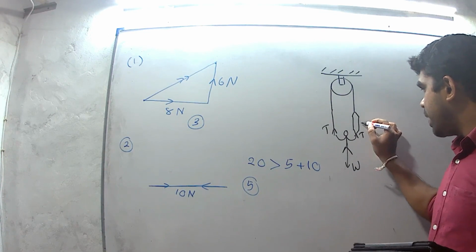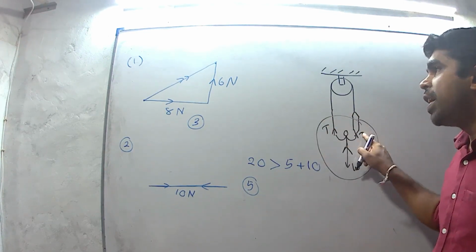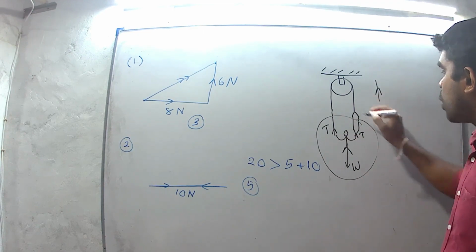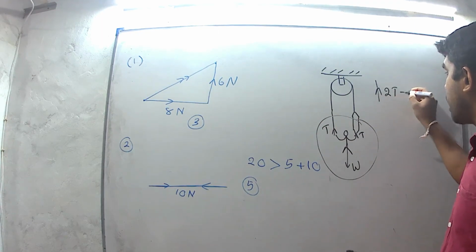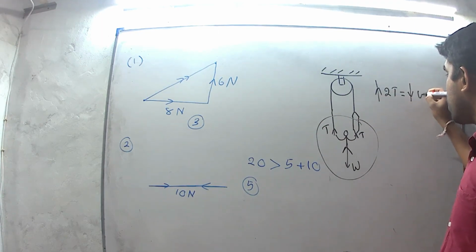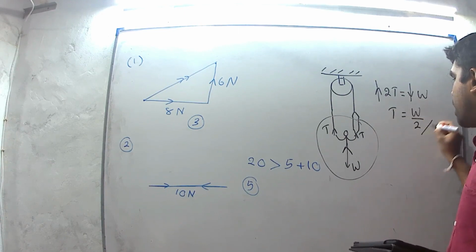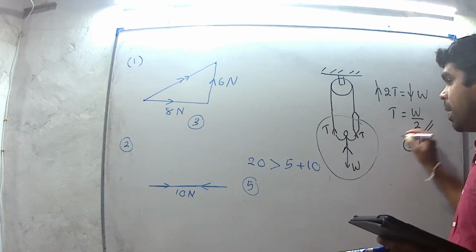Therefore, we can consider equilibrium of the child. This tension is the reading of the spring balance. Then we can get there are two upward forces on the child, 2T equals the downward force, weight. Then we can get T equals W divided by 2. Then the answer is 3 for question number 3.